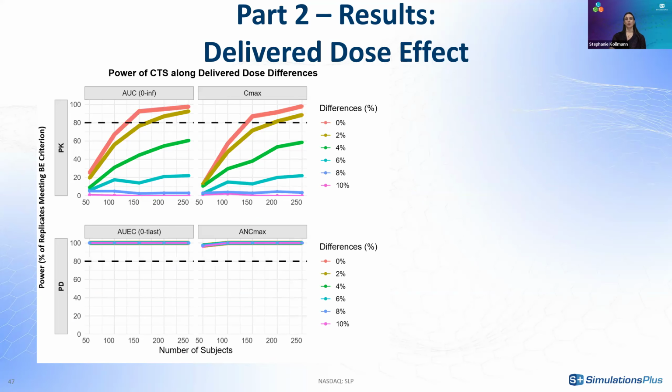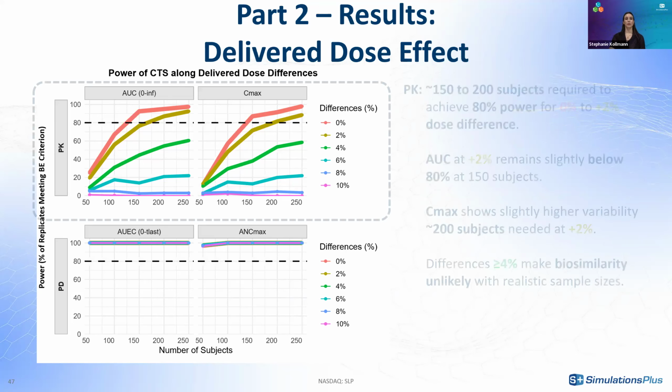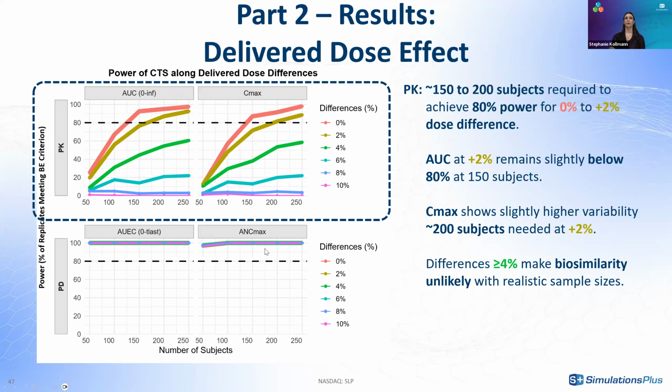So we'll start with the interpretation of delivered dose difference results, where we examined how small variations up to plus 10% impact the ability to demonstrate PK and PD bioequivalence. For the PK endpoints, both AUC and Cmax reach 80% power with 150 to 200 subjects when dose delivery differs by up to 2%.